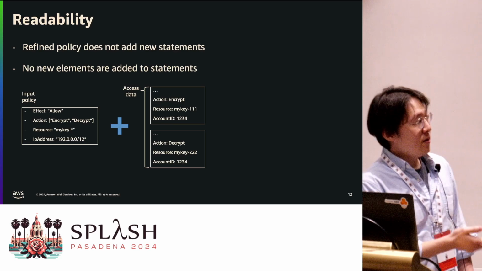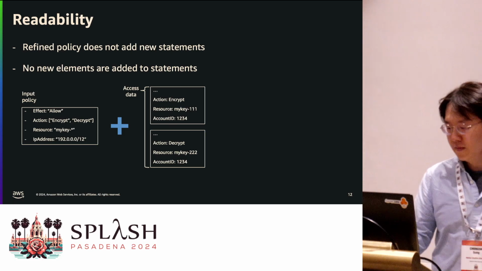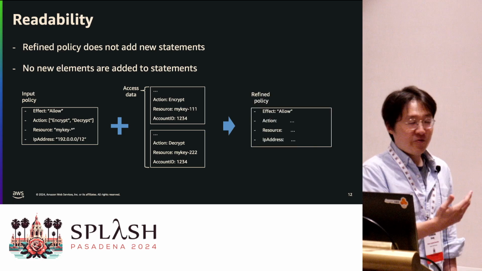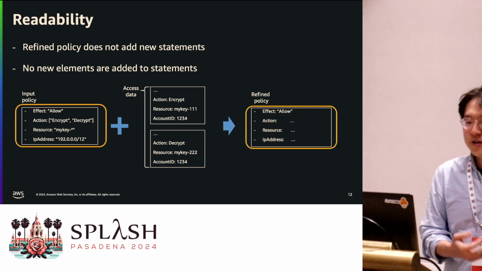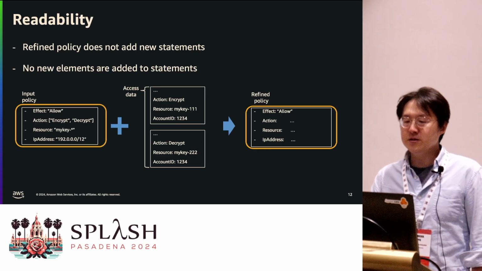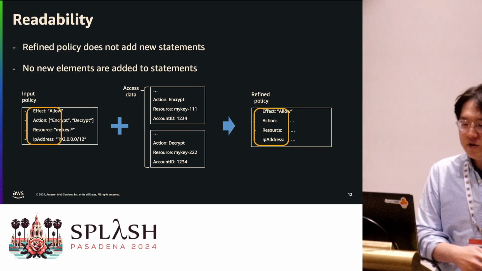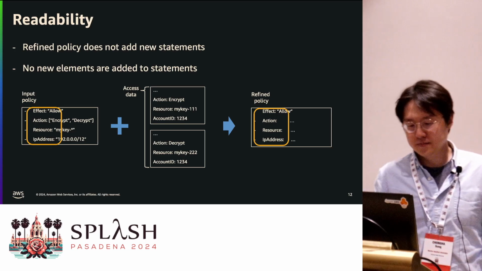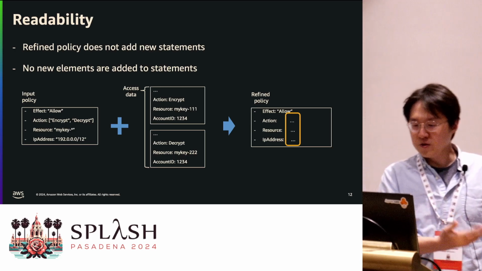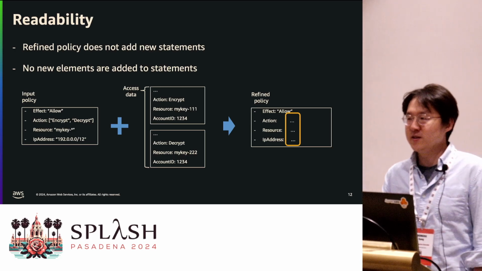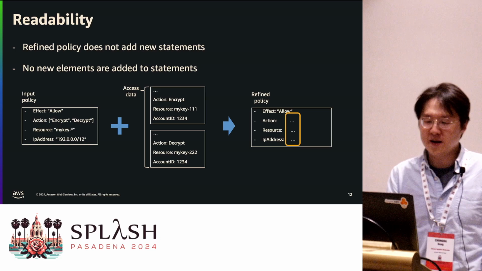So with the same input policy and the access data, now we have this refined policy structure. This refined policy would keep the statements without adding new statements, and it will have the same set of elements. In this example, we have this... on the patterns of the refined policy, since we haven't discussed how to achieve these patterns yet.